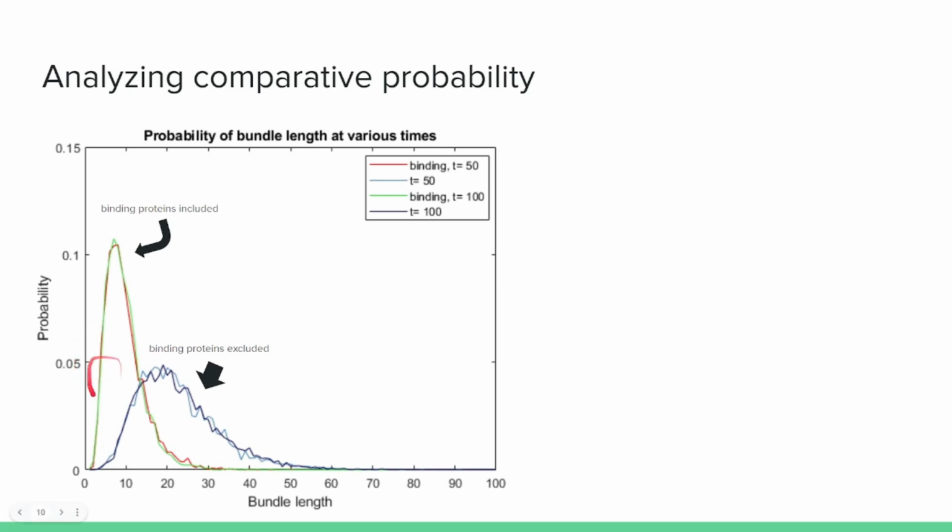So it's a very thin distribution compared to the bundles without binding proteins, which start at around 3 or 4, go up, peak somewhere in the late teens, and then go down all the way towards the 60s. So it's a much wider skewed distribution. Which goes to show that while binding proteins reach a steady state quicker, the bundles without binding proteins reach a longer steady state.